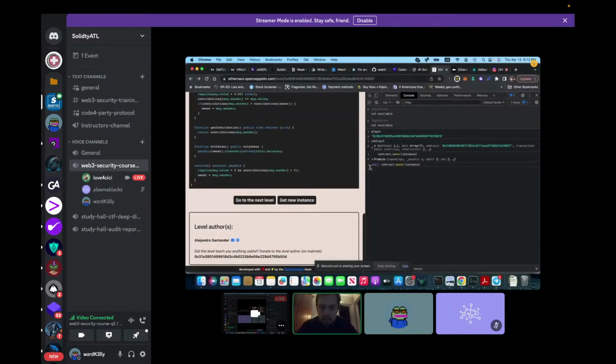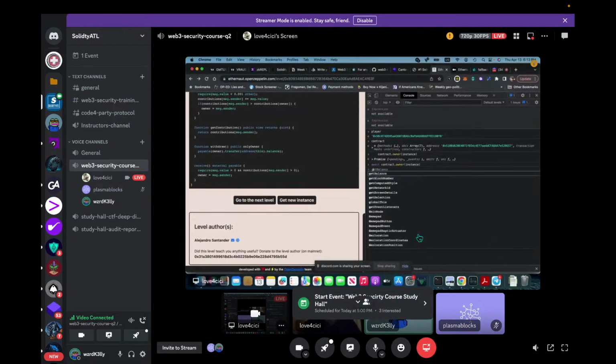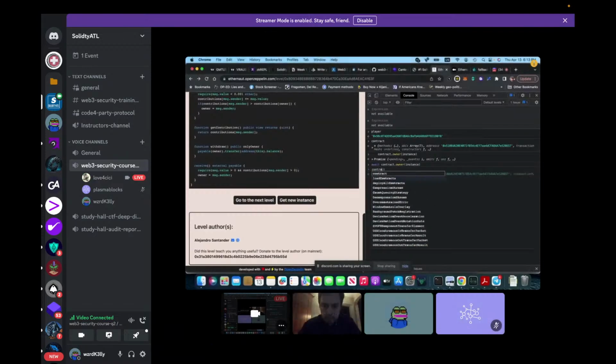I typed it right. Hmm. Yeah, go ahead. I was going to say, what was the help function? I think it's contract dash dash help, and I think there's another way to get the instance.